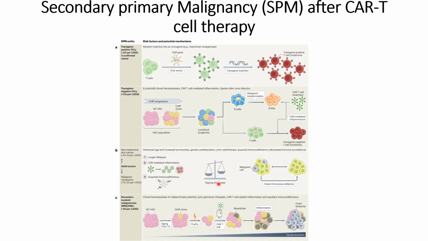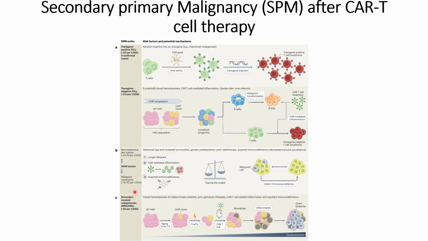If the patients undergo more immunodeficiency, then the chances of malignant cells are higher, and this is how a balance needs to be made between malignant cells and intact immunosurveillance. If immunosurveillance is good, then they will have less efficient CAR T cells and the malignant cells are also fewer, and vice versa.